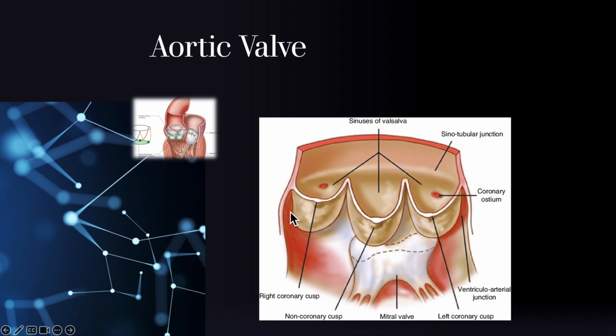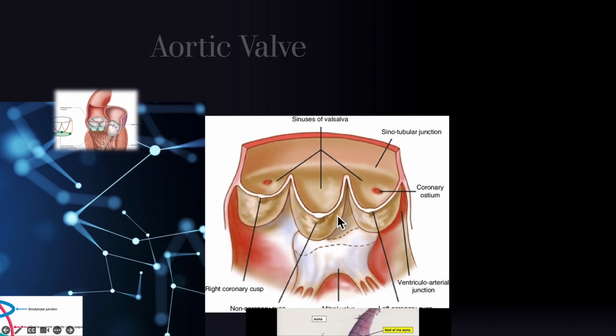Actually, the ventricular-arterial junction is somewhere here in the middle, but the cusps actually come down into the ventricles. That creates a bit of an issue.